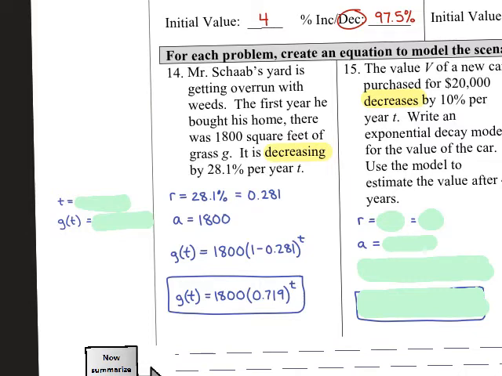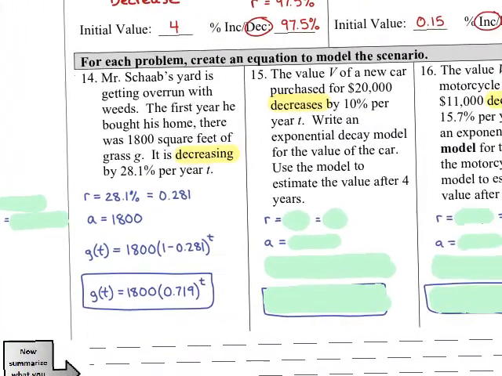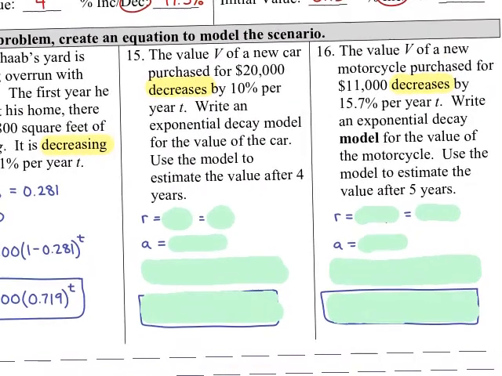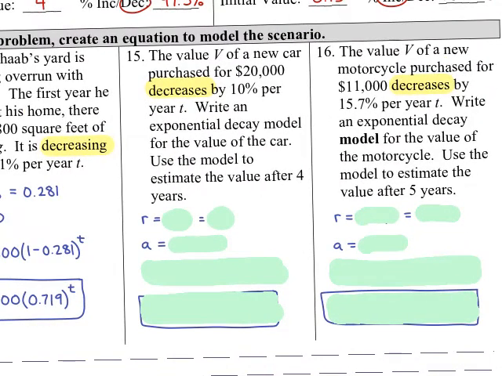The next one will, and some of the problems on your practice problems and your applications will ask you to use that function, plug in a value for t and figure out maybe how much grass he has left after 5 years or after 8 years, whatever it might be. All right, so let's take a look at number 15, and let's read it together.